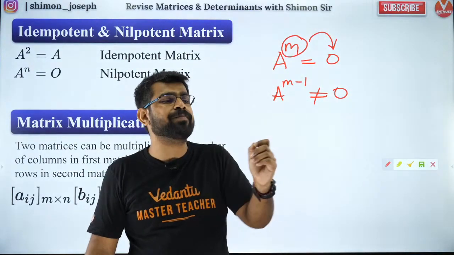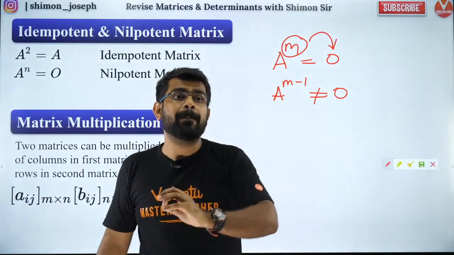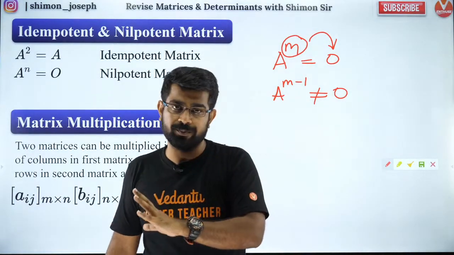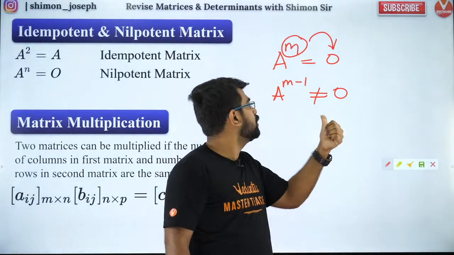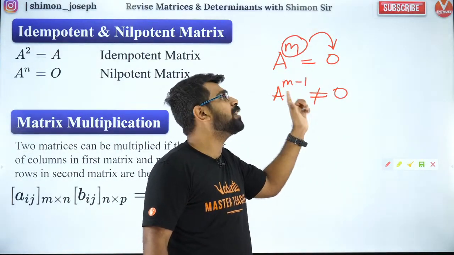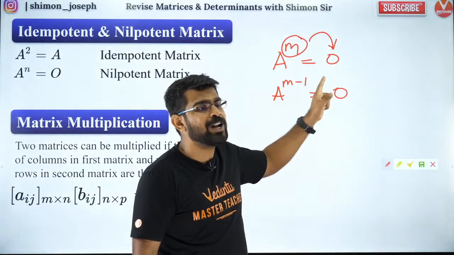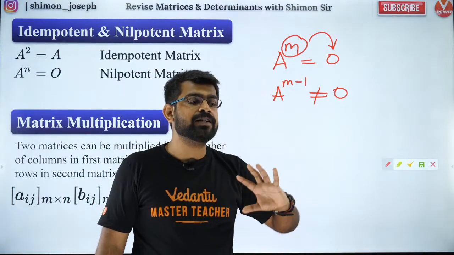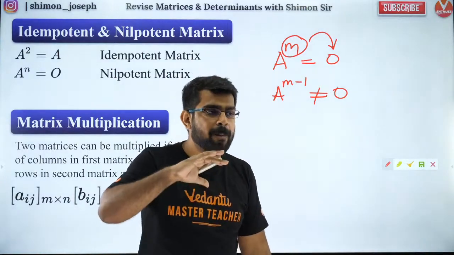A nilpotent matrix means some power of A will be equal to 0, but what you should know, A is not 0. Got it? Some power of A will be 0, but the power before that will not be 0. Then that value of M is called the order of nilpotency. I hope you are clear, and we will do some examples through which this concept will become very simple.